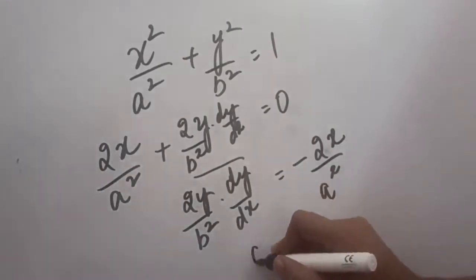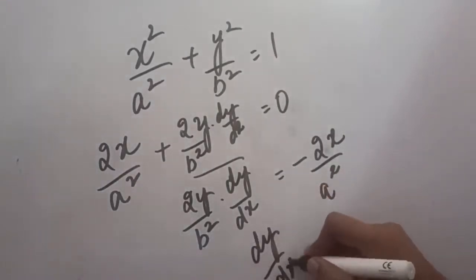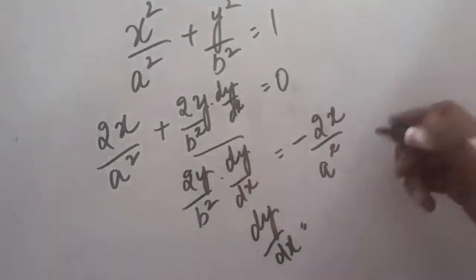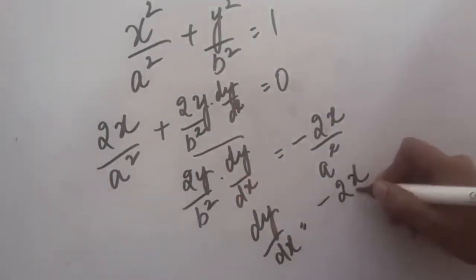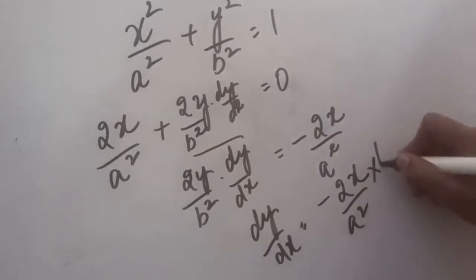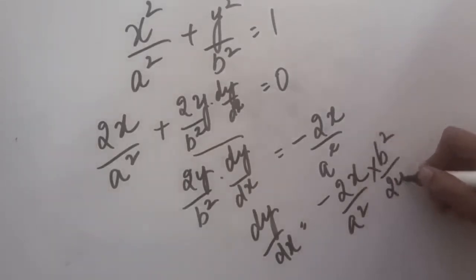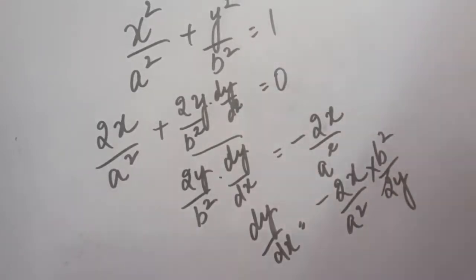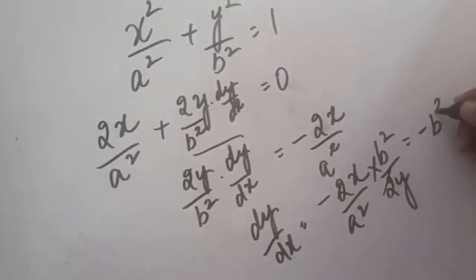So from here, if you want to calculate dy upon dx, we will have to divide this on the other side, but now it will be multiplied in the opposite way. Now here our 2 can be cancelled. So our answer will be minus b square x divided by a square y.